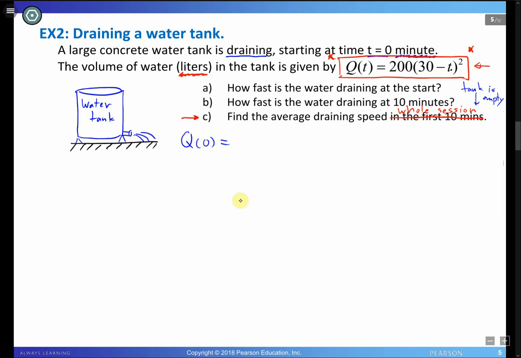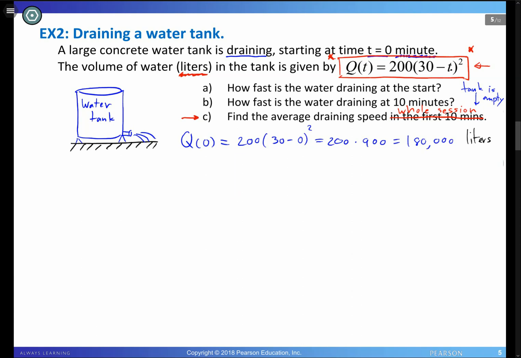We have 200 times 30 minus 0 squared, so 200 times 900, which is equal to 180,000, and the unit is liters. So at the start, we have 180,000 liters in the tank.